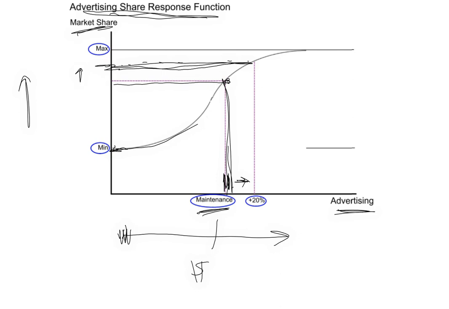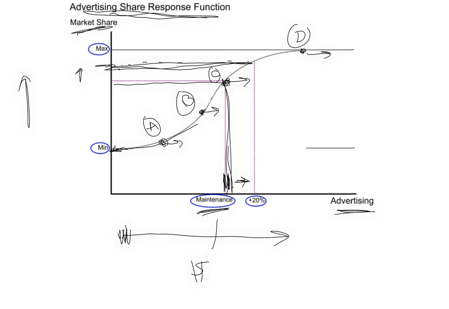And again, you can think about a firm that was at point A versus a firm at point B versus a firm at point C versus, we can even do this point up here, point D. If each of those times you boosted your advertising by 20%, there's going to be a different impact on market share based on where you were on the existing response function, right?